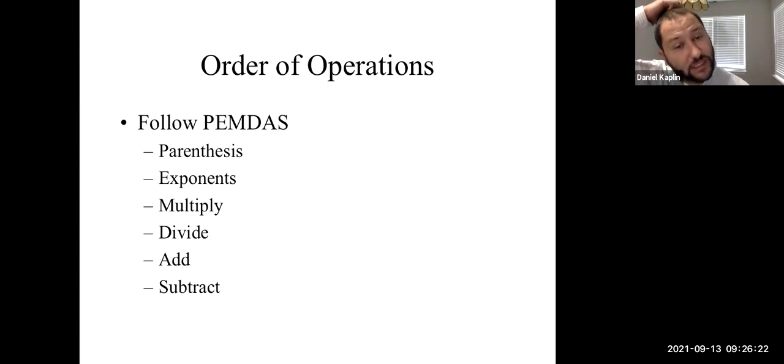So in general, you might hear the mnemonic called PEMDAS, which is the same thing I did on the previous slide, which is take the first letter of each word and create an acronym. So PEMDAS stands for parenthesis, exponents, multiplication, division, addition, and subtraction. That's the order of operations. And you cannot skip a step, right?